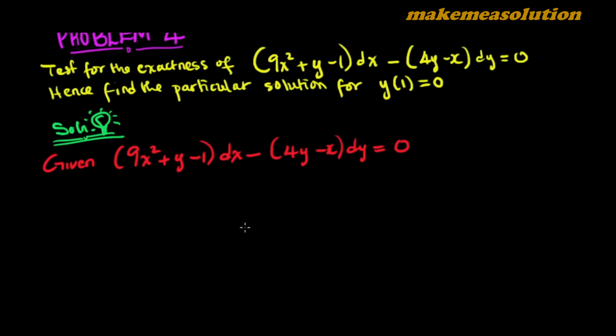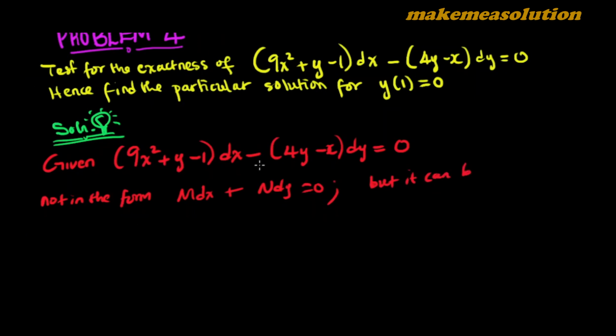So this differential equation is not in the form m dx plus n dy equal to 0, but it can be. The reason is because of this minus sign, and according to the general form there is a plus sign here. So how do we introduce a plus sign in this case?